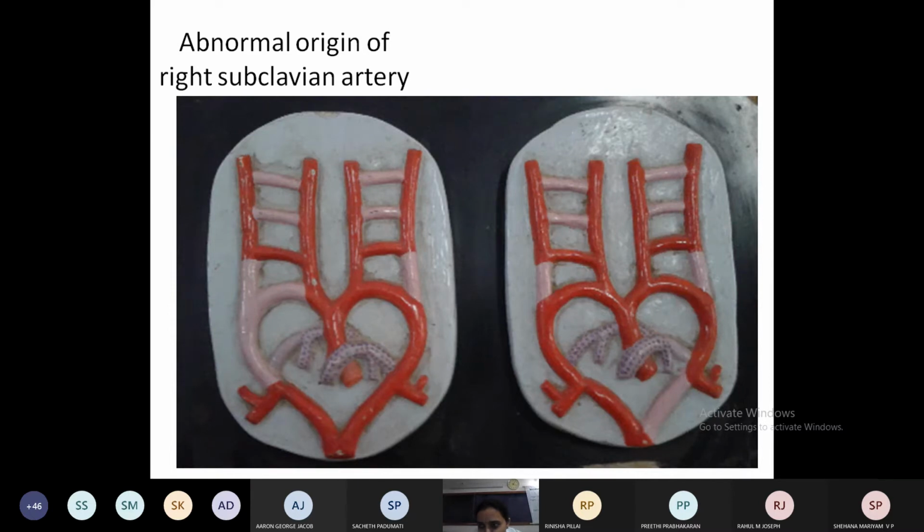Normally we have a left side aortic arch. So what is this? Not left, this is the right aortic arch. This whole thing is the aortic arch.